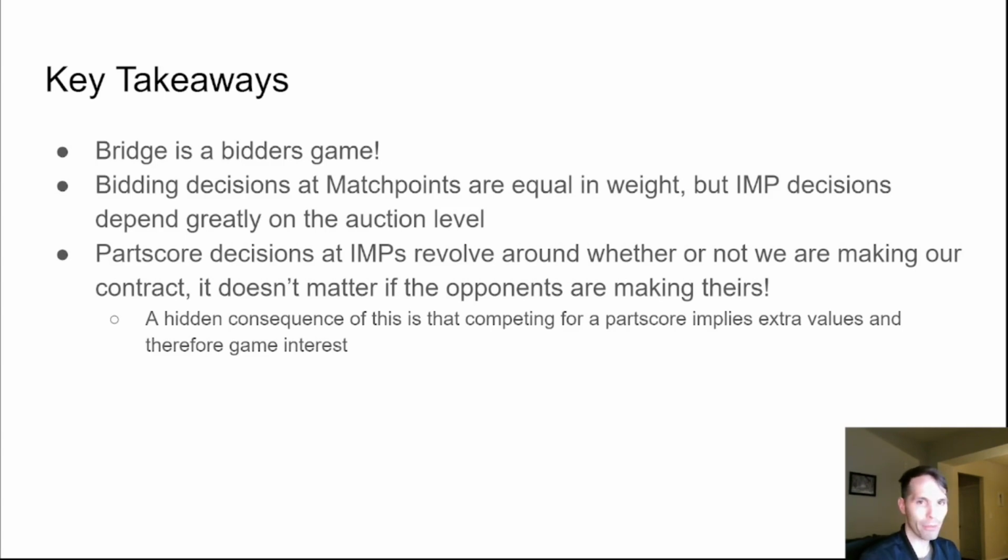And so whenever we have extra values, it doesn't directly say that we have game interest. We're not inviting our partner to bid game every time we balance. But there is this implication that we have some extra values, and therefore our partner, if let's say they have a complete maximum for their auction so far, can actually consider bidding game once we make a balancing bid, or once we compete for a part score.